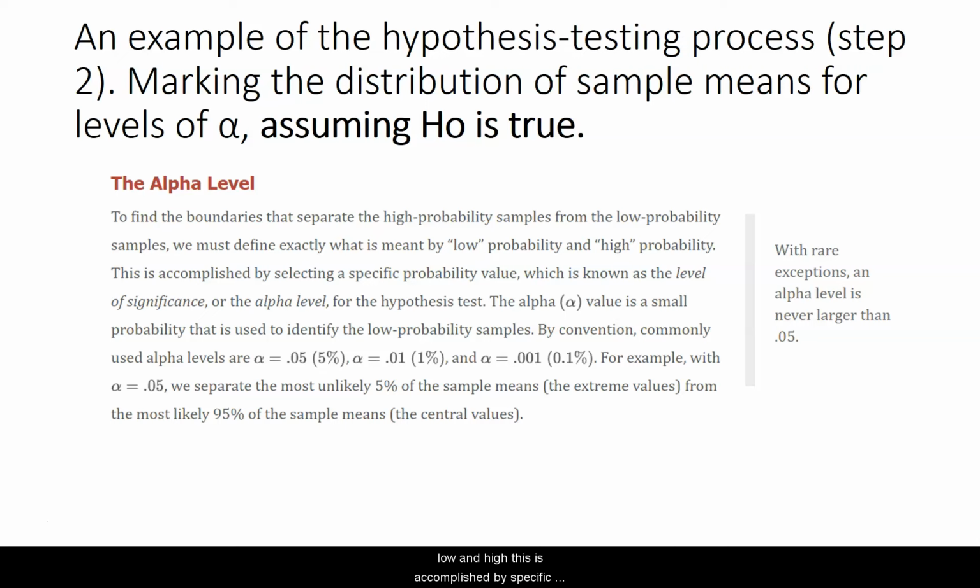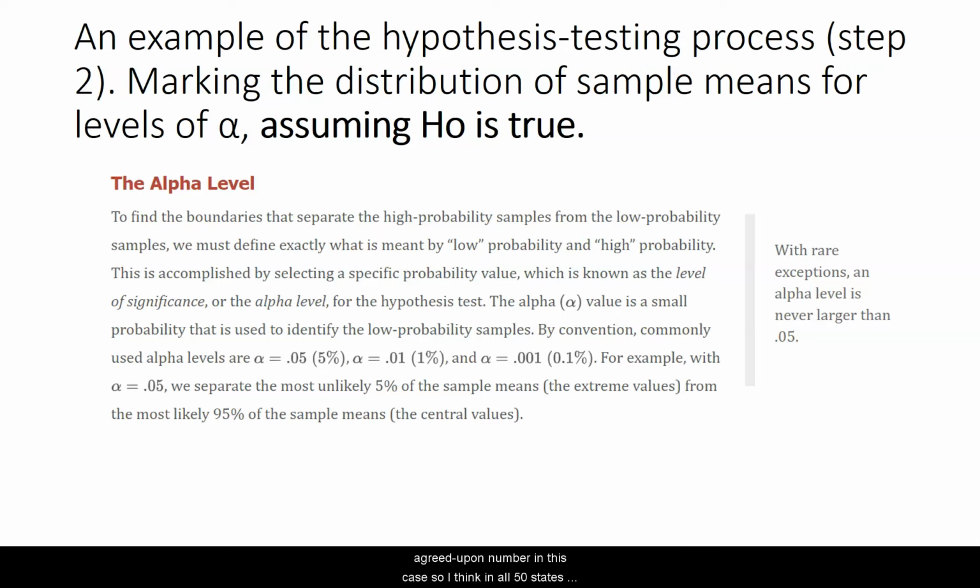This is accomplished by setting a specific probability value known as the level of significance, or alpha, for the hypothesis test. The alpha value is a small probability, never more than 0.05, that's used to identify the low probability samples.